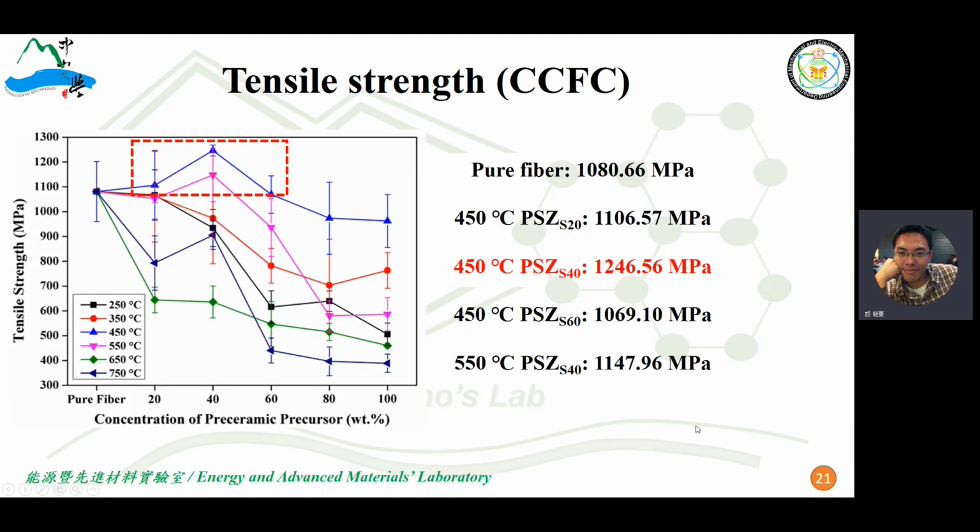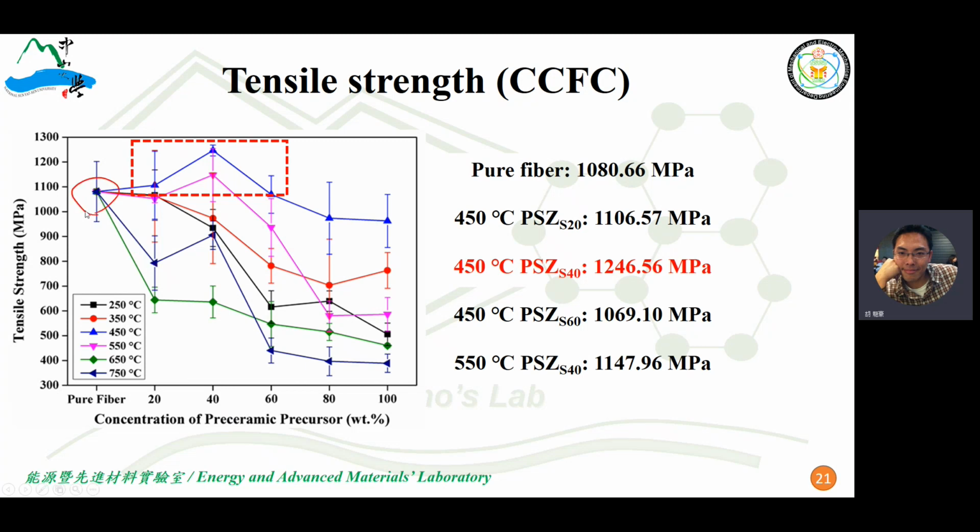Okay, so let's look at the tensile test results with different pyrolysis temperatures of this CCFC. What does this figure tell us? This figure shows the tensile test versus the concentration of polysilazane precursor. Obviously the ultimate tensile stress is enhanced at a specific concentration and specific pyrolysis temperature.